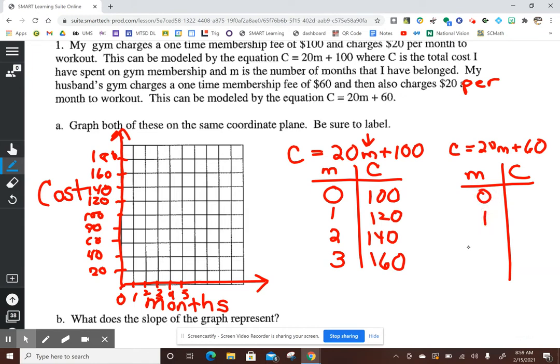Okay, now let's put it in here. Again, 0, 1, 2, 3. This would be 60. This would be 80. This would be 100. And this would be 120. Okay, so now I'm going to graph.